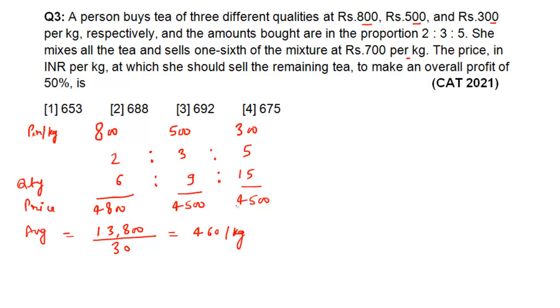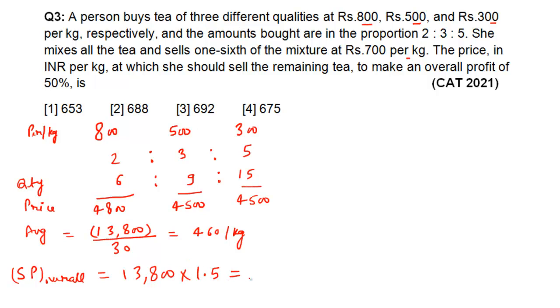What is given in the question is that an overall profit of 50% is to be taken. That means the overall selling price should be 50% more than this value. So I'm writing 13,800 multiplied by 50% more, 1.5.